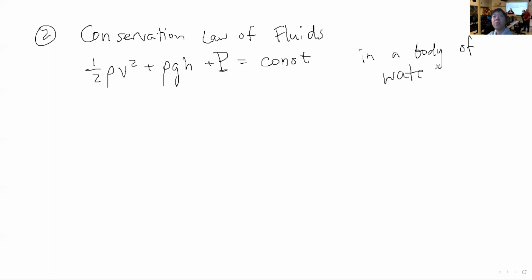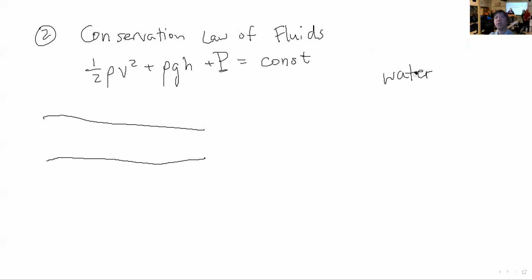Now this might seem like a weird combination, but it's actually a really useful thing. To prove that, we want to take a look at water flowing through a pipe. It uses the work energy theorem, and we're going to use the last thing that we derived.